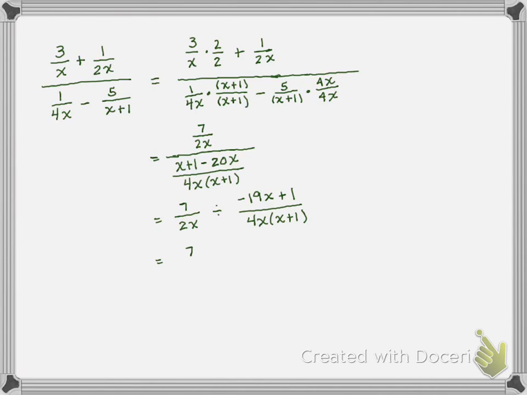And so 7 over 2x times the reciprocal, so 4x times x plus 1 over negative 19x plus 1. Can I cancel anything?